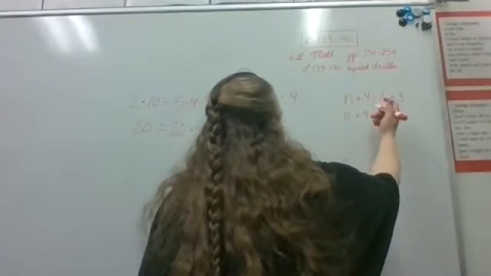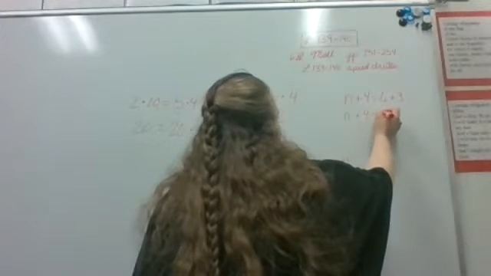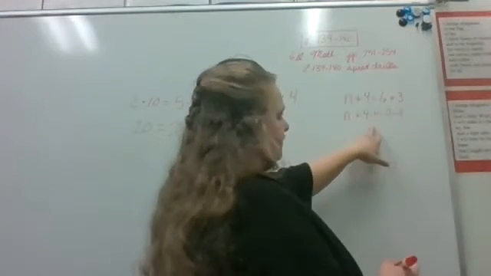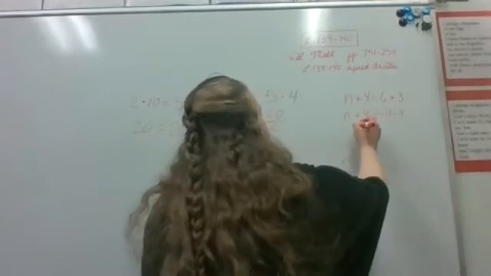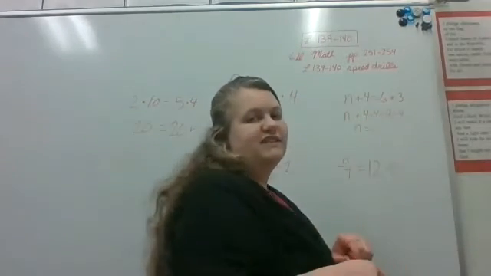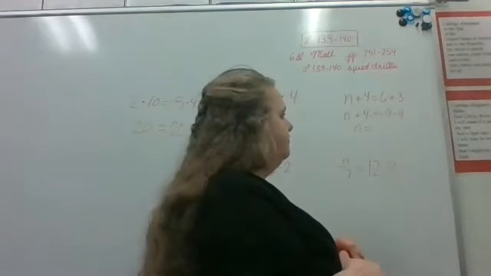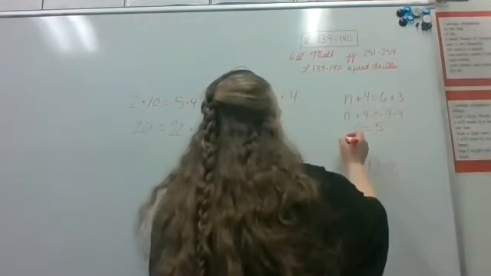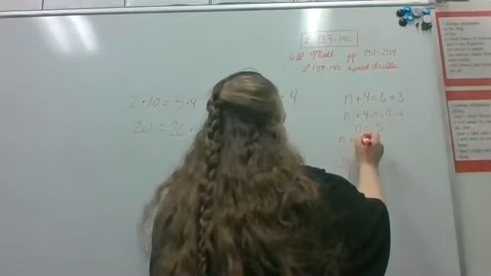So I'm gonna erase the equal sign. I'm gonna subtract the 4. Okay, so what we do to one side, we do to the other. Plus 4 minus 4 equals 0. So we have n equals 9 minus 4. What is 9 minus 4? 5, okay?